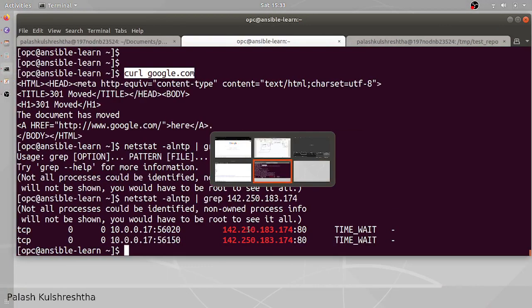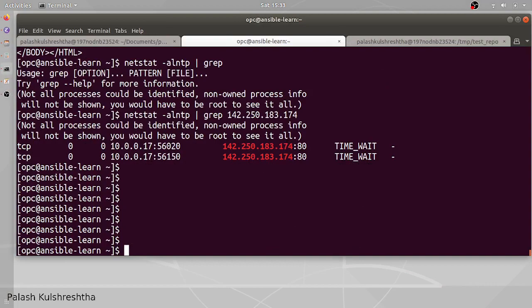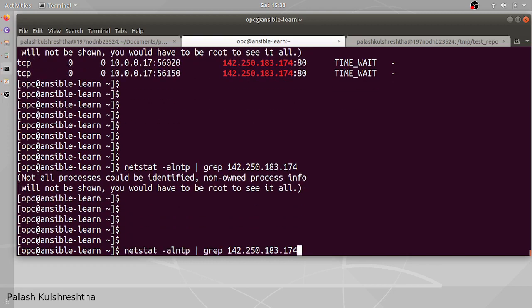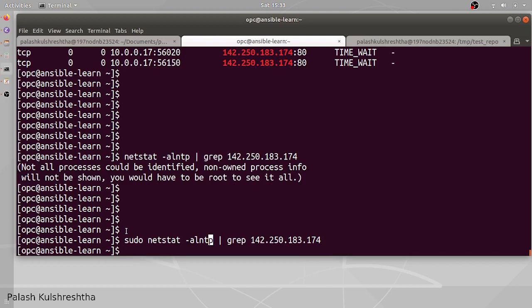Let's try doing it again. Not all processes could be identified. Let's try to run it with sudo. Sudo is required when you want to check the process which established a connection to a particular host port. As you can see, currently there is no connection because no request to google.com is being made.